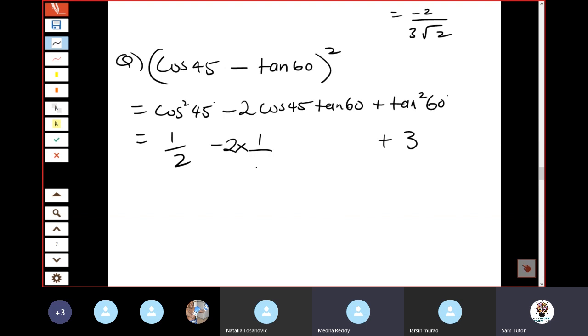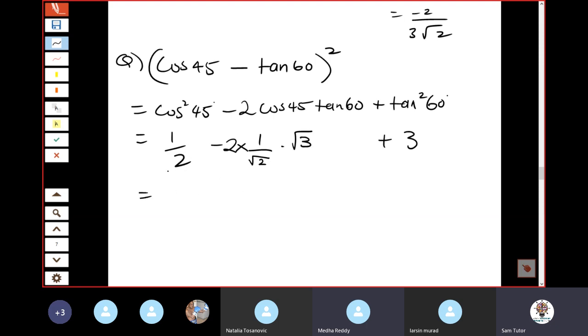So it becomes 1 on square root 2. Yep. Oh, okay. And do the same thing for tan 60. Um, 3. So your answer is? Square root 3. Yeah, root 3. Perfect.